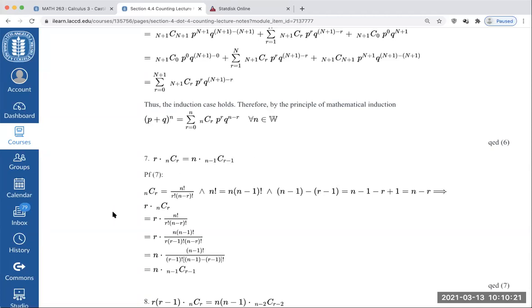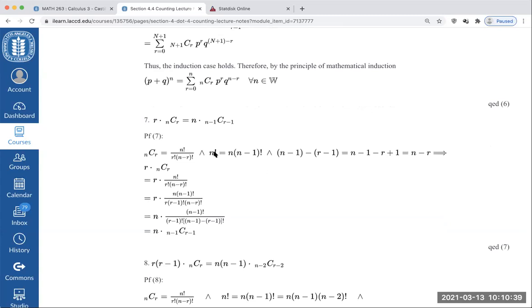So let's show this. So r times nCr is, well, nCr is n factorial over r factorial, n minus r factorial. I'll write n factorial as n times n minus 1 factorial. I'll write r factorial as r times r minus 1 factorial. The r's cancel.